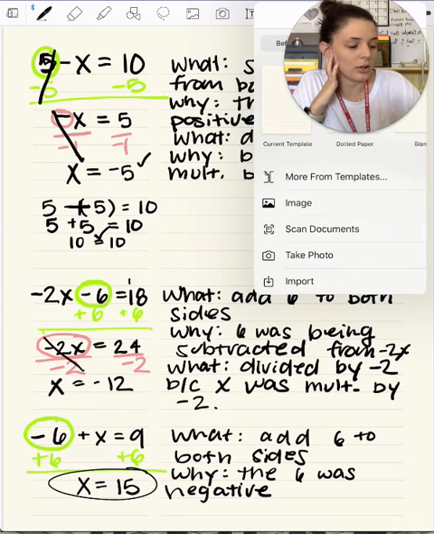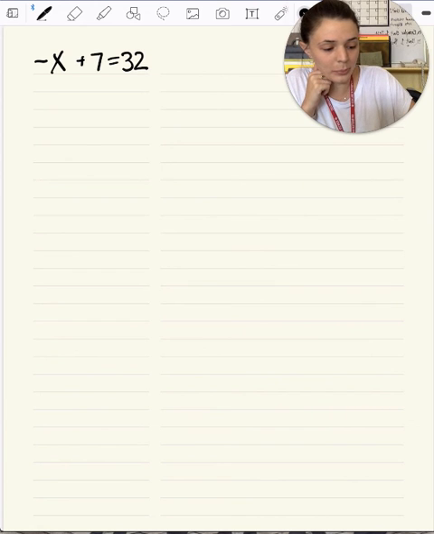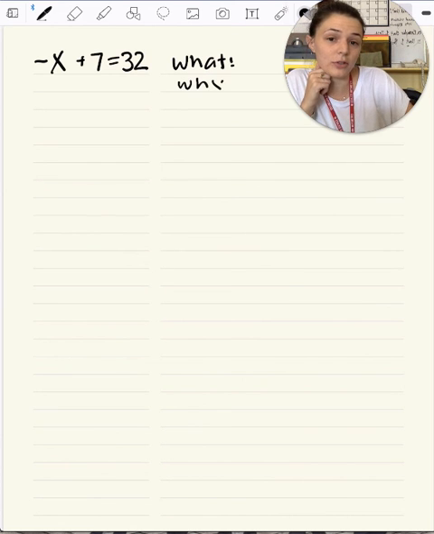So on your paper, you're going to continue on with 2 more examples. So you're going to do negative x plus 7 equals 32. You'll write that in the left-hand column and do your what and your why for each of the two steps, this is a two-step equation.